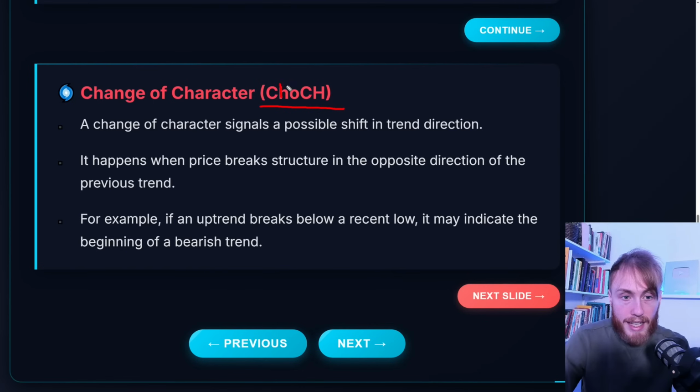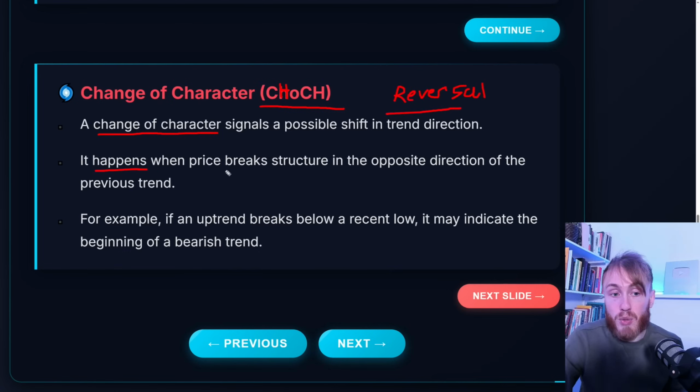And it should be a capital H right here. You usually write it like that. And here, a change of character signals a possible shift in trend direction, or in other words, a potential reversal. And the change of character happens when price breaks structure in the opposite direction of the previous trend.